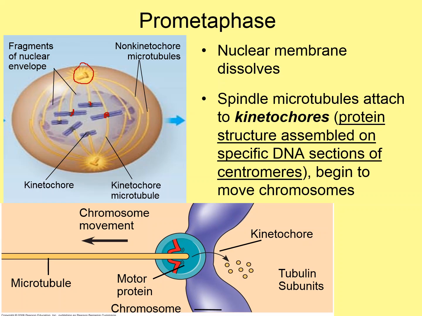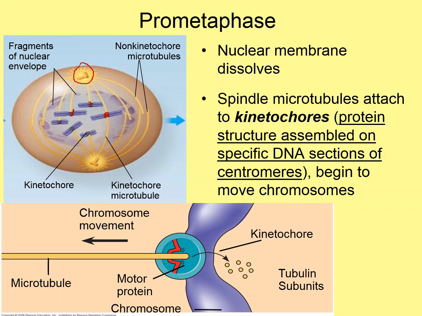And the microtubules attach to what's called the kinetochore, and again specific to the centromere, right, not centrosome. So we're on the centromeres. Basically, the kinetochore is where the microtubules attach to the chromosomes on the centromere, and that's basically where they're going to start pulling the chromosomes apart.